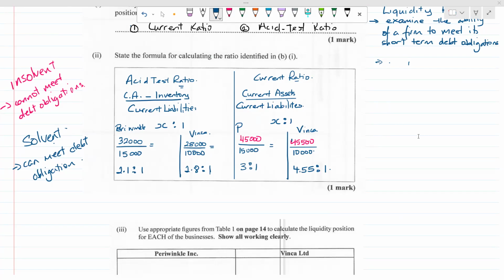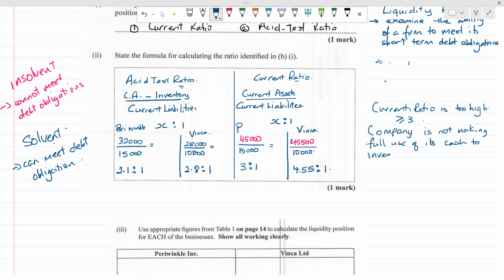From the time we start to look at 3 and bigger, we would say that if the current ratio is too high, when I say too high, I'm talking like 3 or greater, they say that the company is not making full use of the cash in order to expand and develop the business.